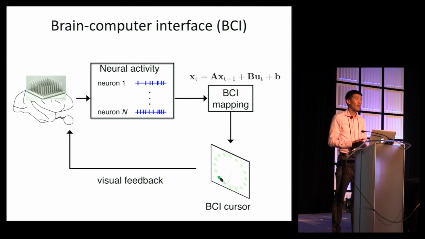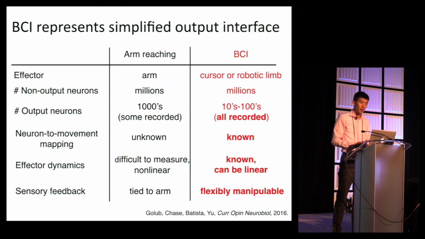What the subject needs to do is to use visual feedback on a moment-by-moment basis to move a cursor to hit targets on a computer screen. In a BCI, our effector is now a computer cursor or a robotic limb. The number of non-output neurons is still in the millions.